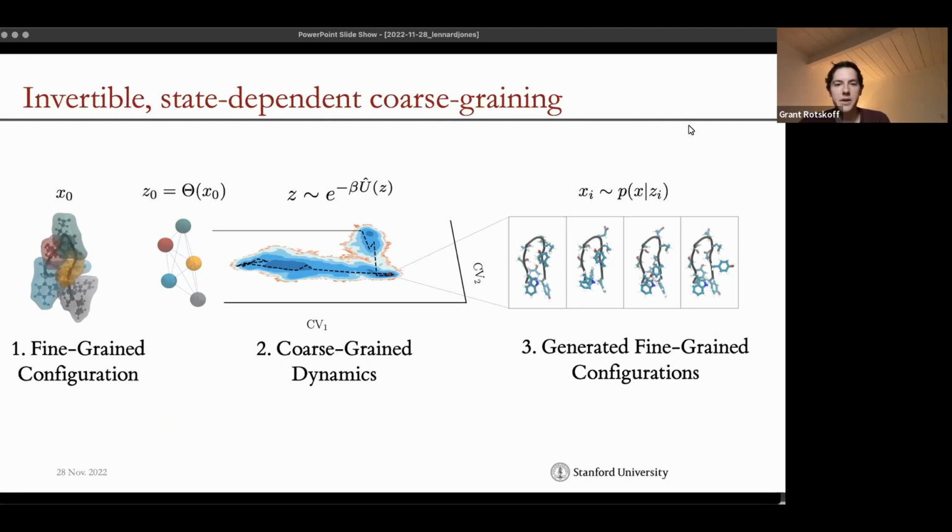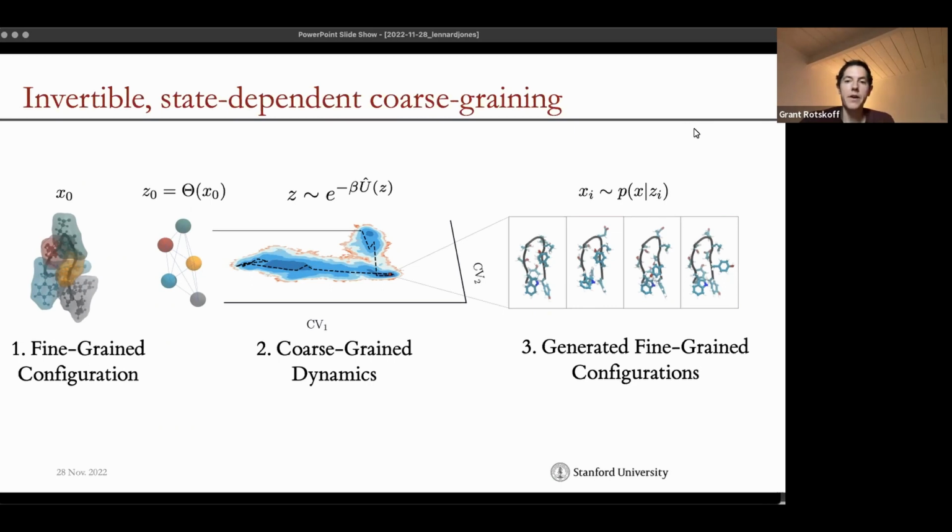Then I'm going to use that projected fine-grained configuration to build a representation of the coarse-grained potential energy surface, which I'll call U hat. This is a function of the coarse-grained coordinates exclusively, and I can use dynamical simulation or Monte Carlo to sample it. I could do importance sampling at this level as well.